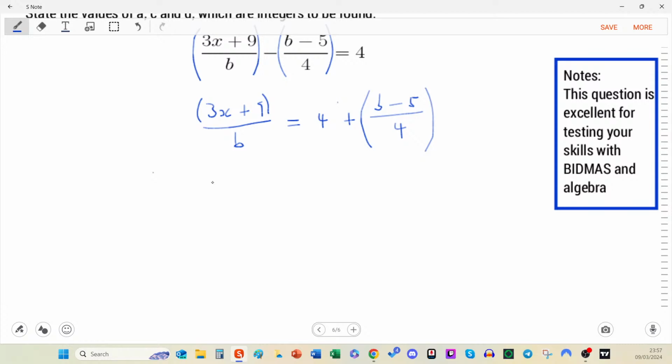So if we times by b, we've got 3x + 9 equals 4b. Nice. But I think a lot of people forget that the b multiplies everything. When I say everything, I don't mean the 4 down the bottom there.